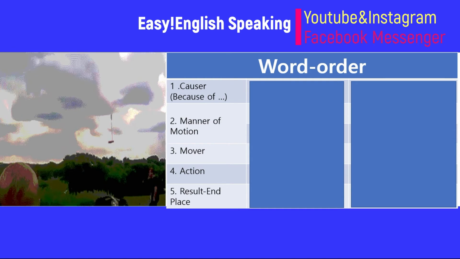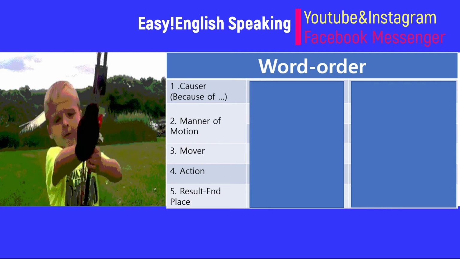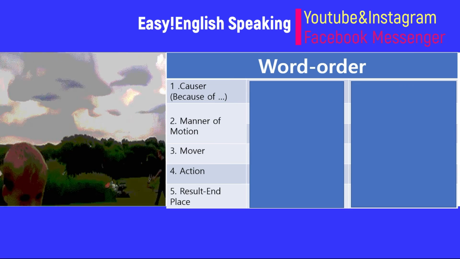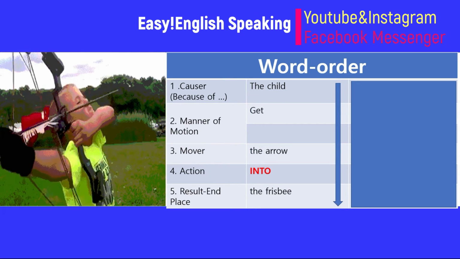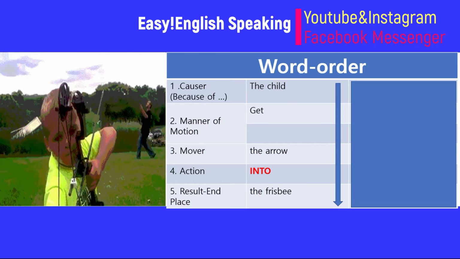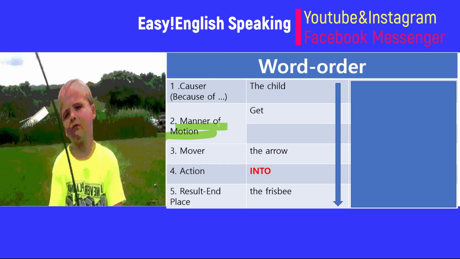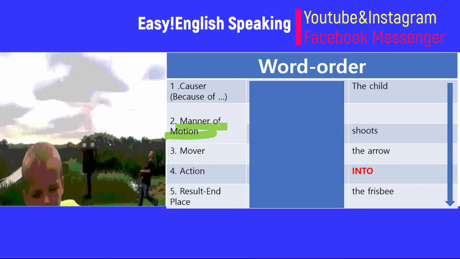So: the causer, the child; get; the mover, the arrow; the action, into; and the result state, the frisbee. You can just say: the child get the arrow into the frisbee. However, if you know the specific word for the manner of the motion, you can say: the child shoots the arrow into the frisbee.